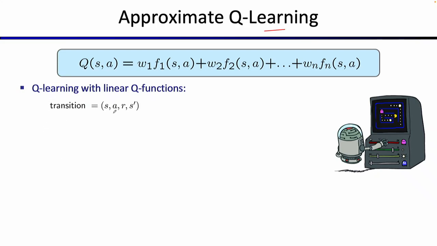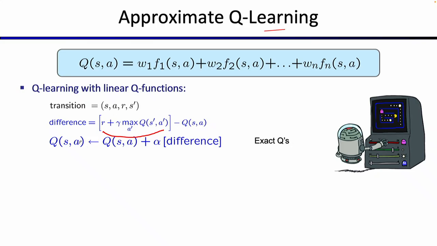Well, just as before, from the environment, we get some particular transition. And as before, our temporal difference is going to be this difference between the long-term value that we get based on the transition minus what our Q function tells us the long-term value is.